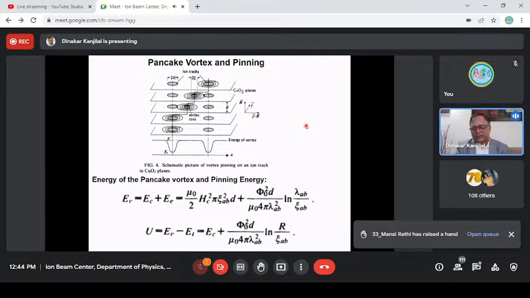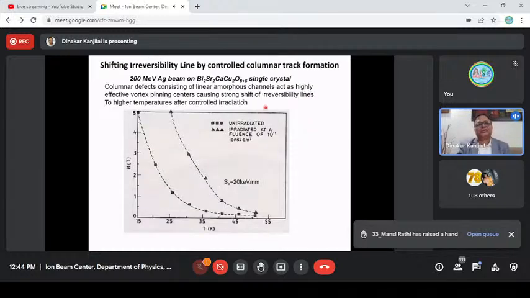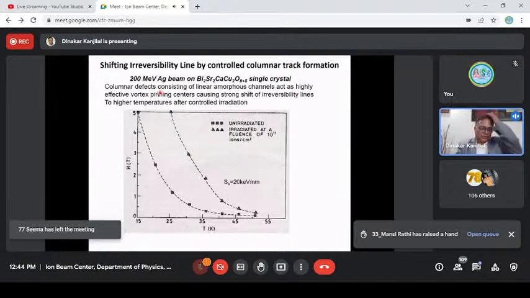So this could be calculated also. We could see that the silver beam which was available in our system, 200 MeV silver, was making the vortex core, which is equivalent to the dimension of the coherence length in the BSCCO. And for YBCO, it was 250 to 270 MeV. Both are available in our machine.